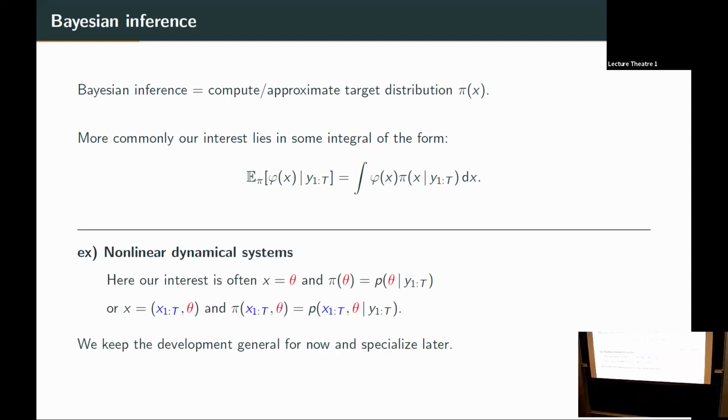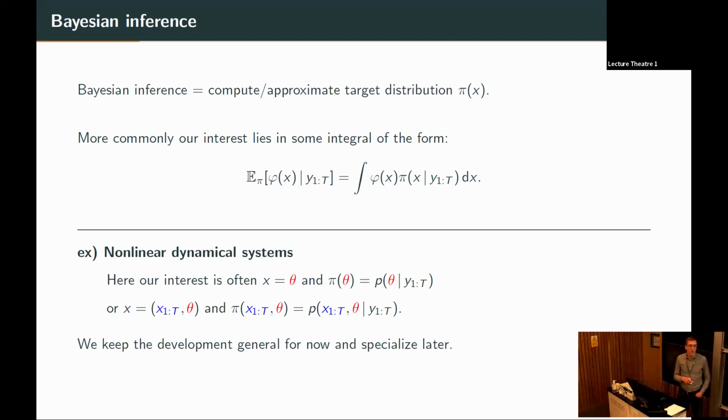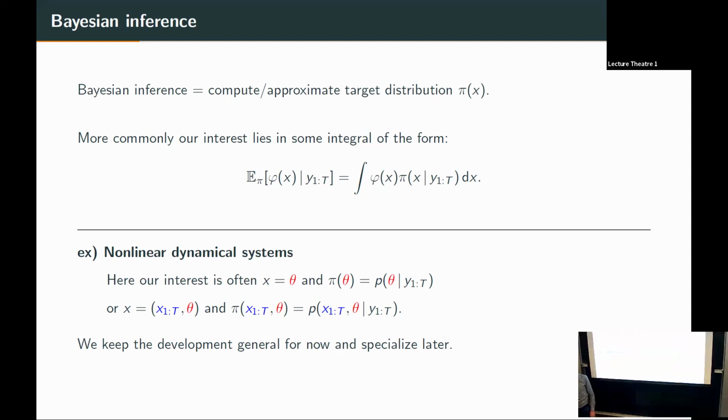And for instance, if we are now doing this for a state space model, x here could, for instance, be the unknown parameter, and then our target distribution pi would be the posterior distribution of theta given the observed y's. But it could also be that we're interested in finding the posterior distribution of both the latent states x and the model parameter theta.